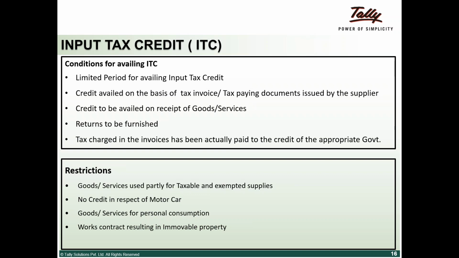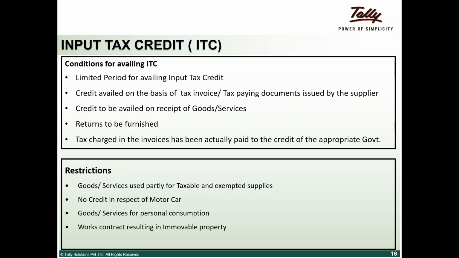He needs to deposit that 10 rupees to the government, then only I'll be able to take a credit. This is one peculiar system in the GST: unless my supplier has paid the tax to the government, I will not be able to take an input credit.